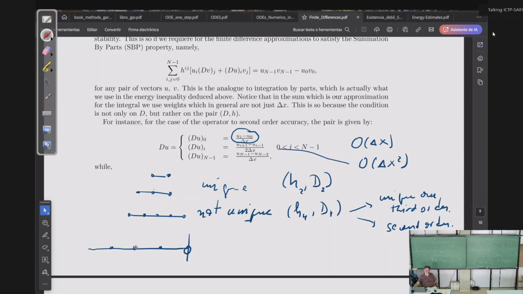So even here, up to here is okay, but for this point, I also need to do something different, right? Because the fourth order method will require me this point that is not available. So I will have to use something here, some one-sided derivative, even for this point. So for these 2 points, I need to change my scheme for the fourth order. So I change the scheme.